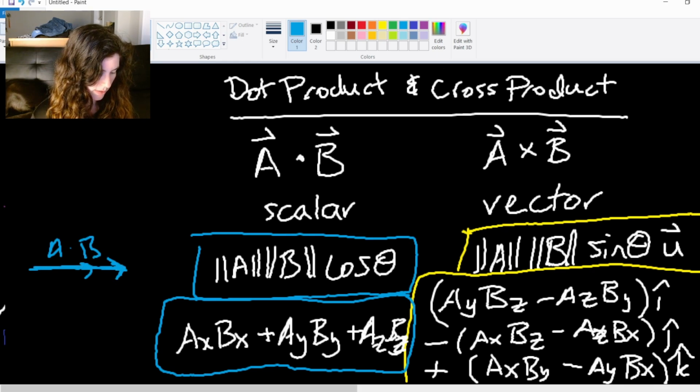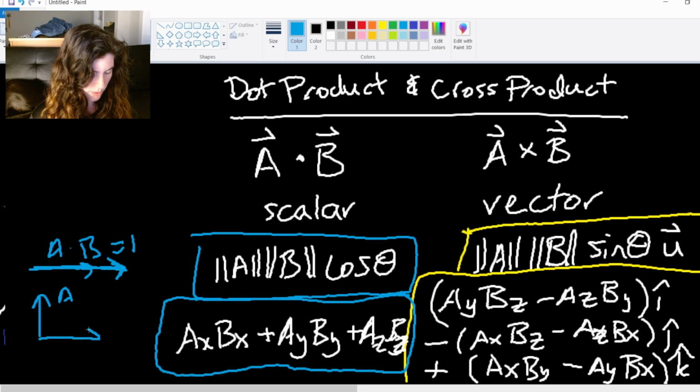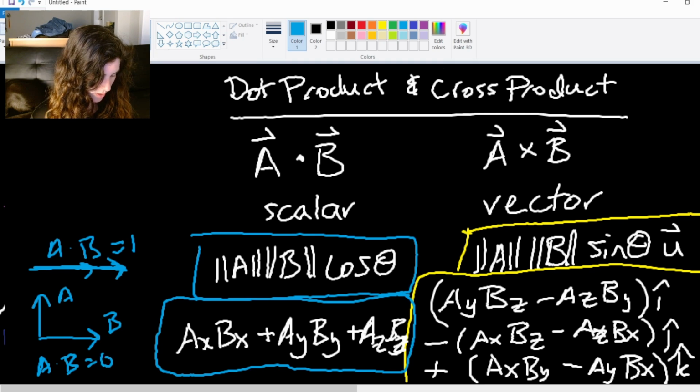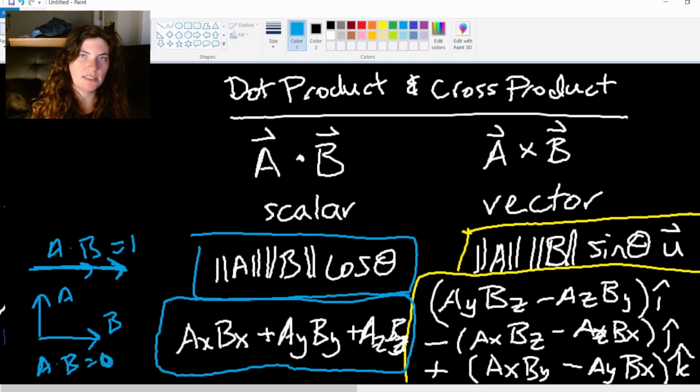So A dot B in this case is going to be 1. However, if they're perpendicular, so if A goes straight up and vector B goes straight out, then the dot product of A dot B is going to be 0. So that's why you don't see any mixed AY, BX terms or anything like that, because those values would be perpendicular to each other, so they automatically zero out.